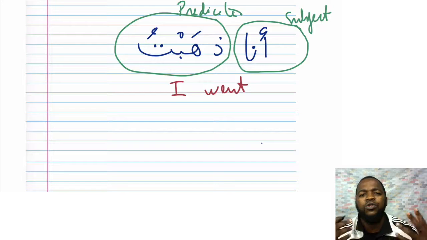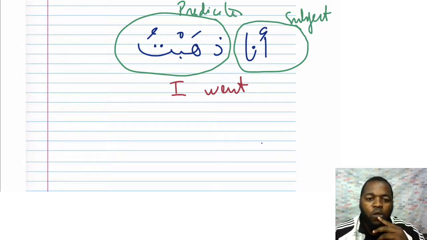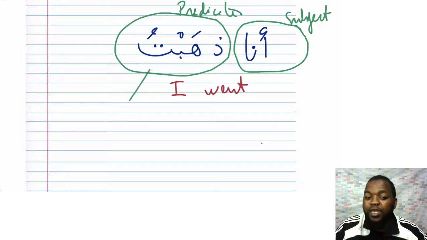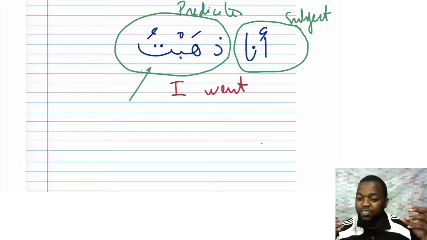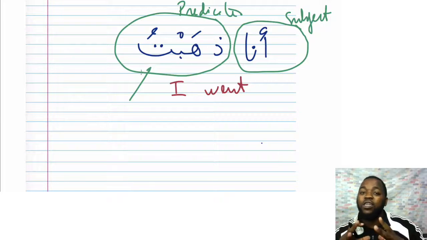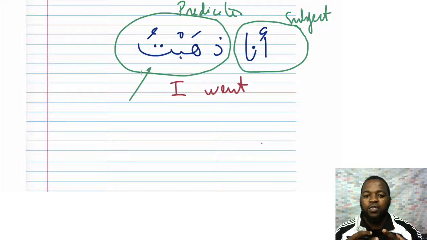Now, how do you describe this predicate? Well, this predicate is a verbal sentence. It's not a verb, but a verbal sentence. It means that this predicate has a complete meaning. It's not only the verb, but the verb and the pronoun together. This is the meaning of a sentence.